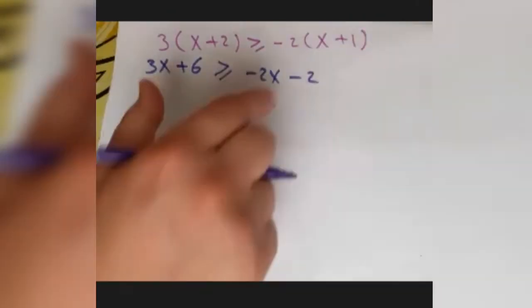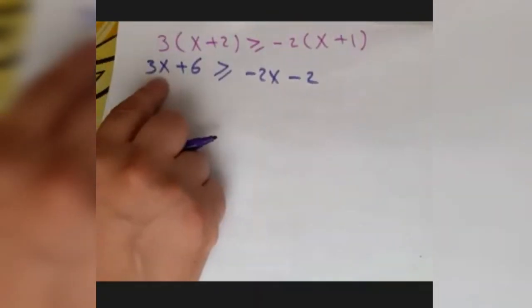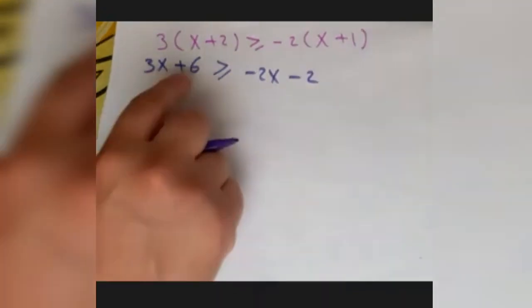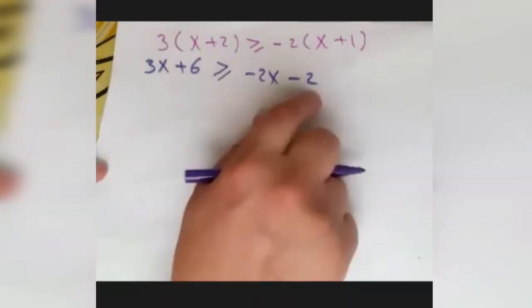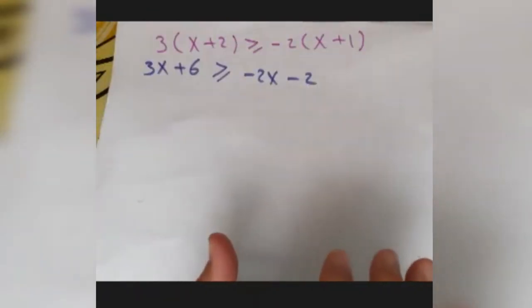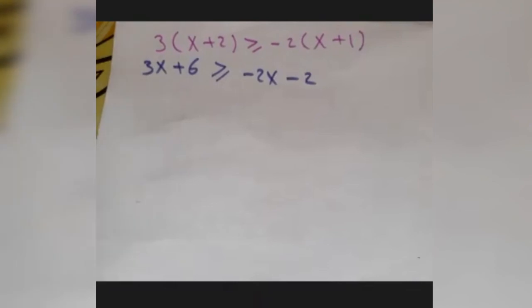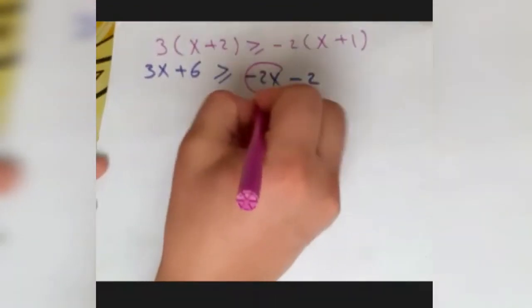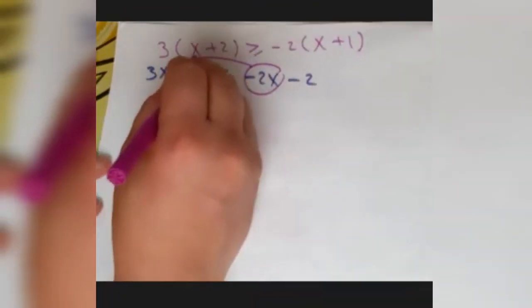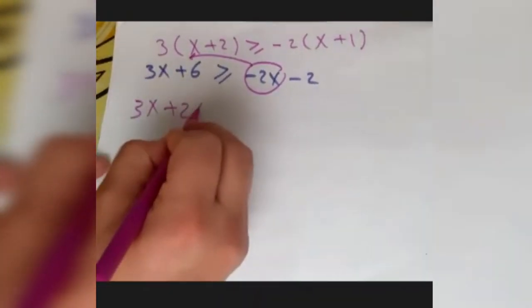Now we have two sides, but we have the variable x on the left and the right, and the numbers on the left and on the right. Now we must sum x on the left side and numbers on the right side. It means we must move negative 2x to the left side. Right here, 3x plus 2x.